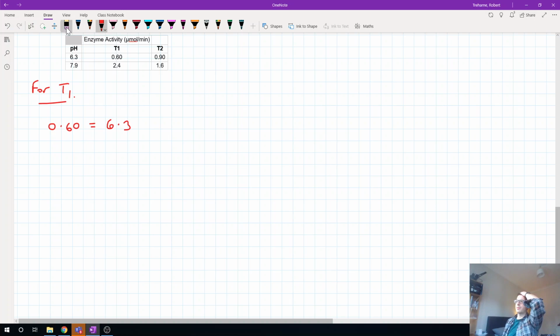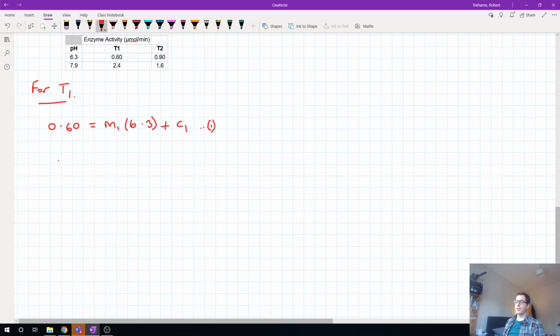Actually, I should do it the other way around. We don't know what the gradient of this graph is yet, so let's call this m1. So 0.6 is equal to m1 times 6.3 plus c1.